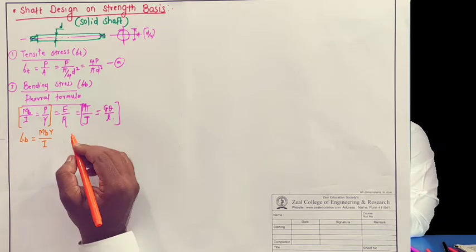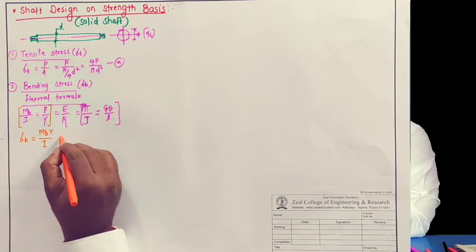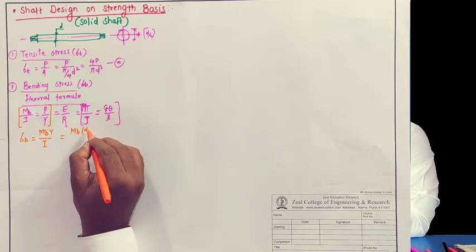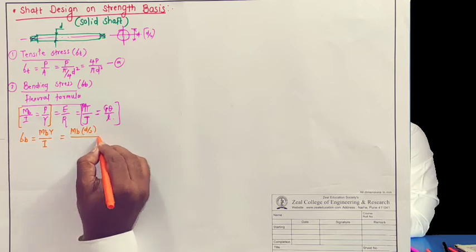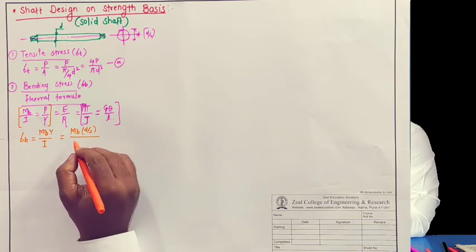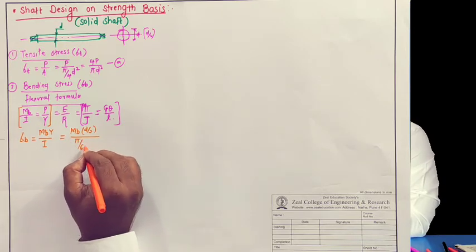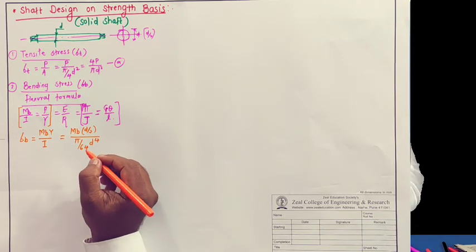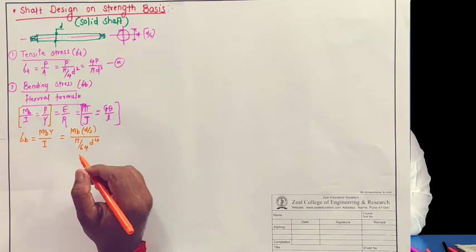Now for the shaft we need to calculate. The shaft has a circular cross section, so I will have to write the bending moment into the neutral axis distance. Shaft diameter is D, therefore Y is D by 2. Moment of inertia is pi by 64 D raised to 4, for the circular cross section of the shaft.